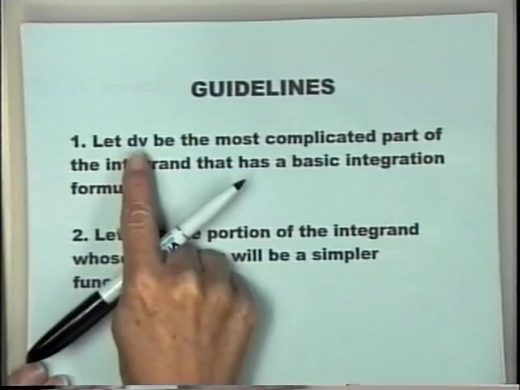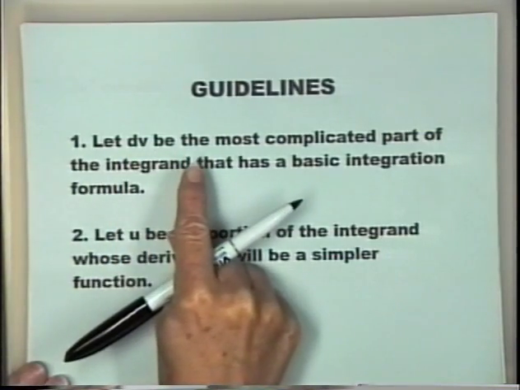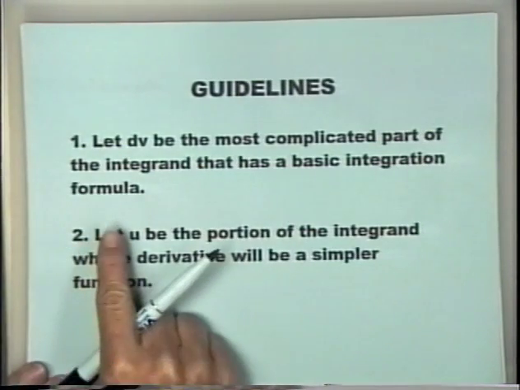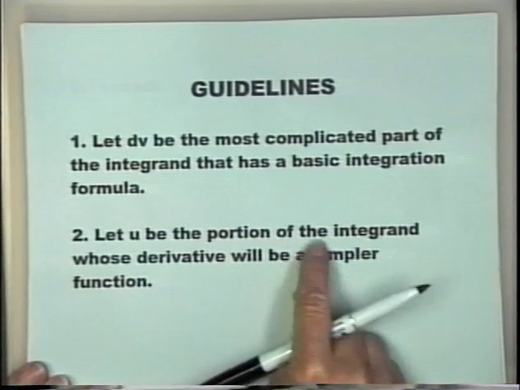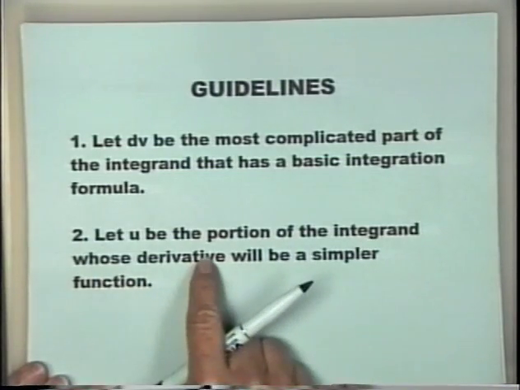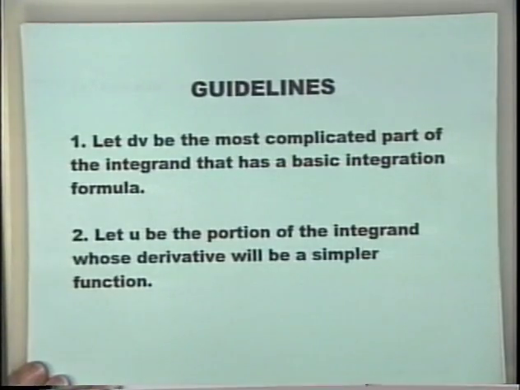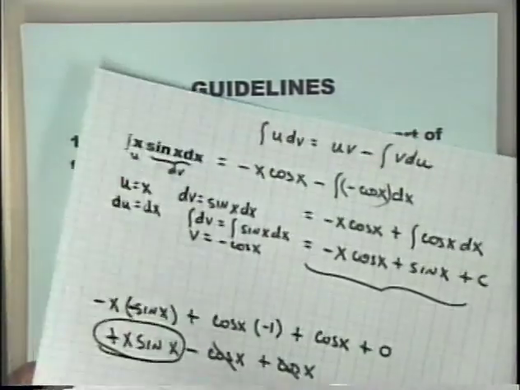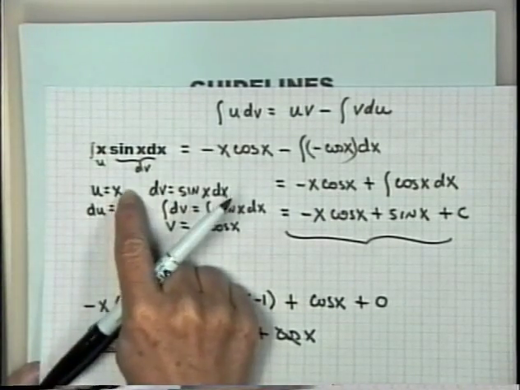Simply put, you want dv to be something that you can find its antiderivative. Now, the second part of our guideline is to let u be the portion of the integrand whose derivative will be a simpler function.